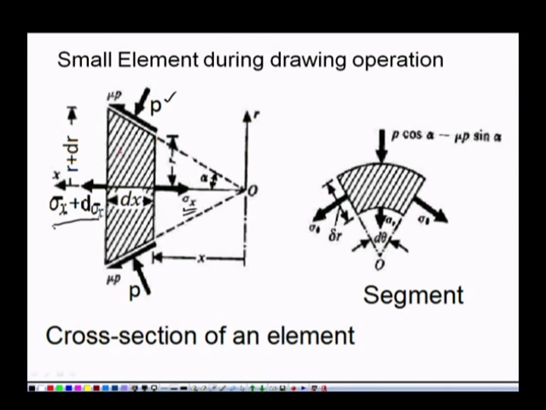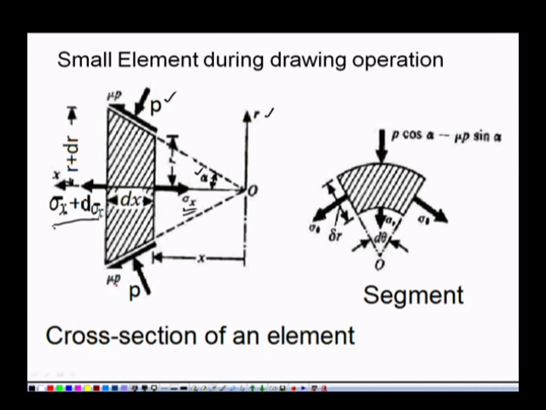On the left hand side, where it is slightly bigger, we are considering r plus dr as the radius. Of course, we have considered our semi-cone angle, alpha. The radius is taken in the y direction only.